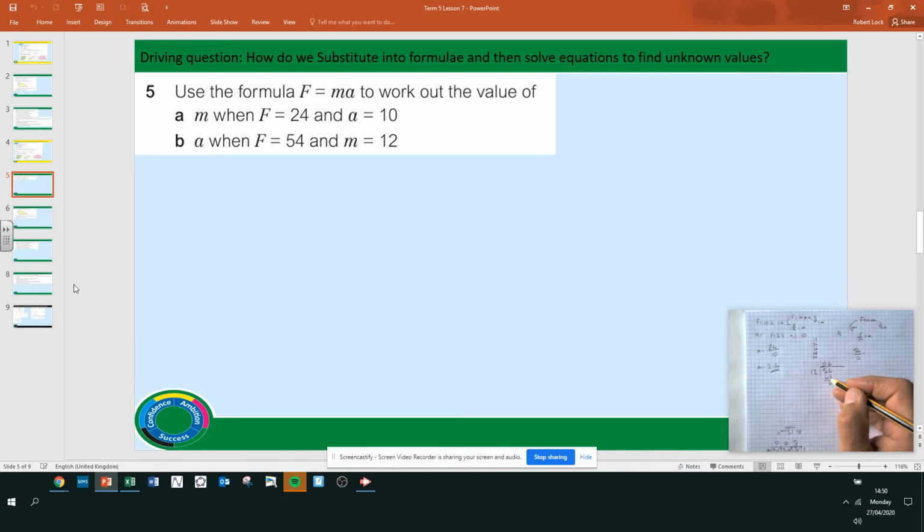So 8 take away from 14 is 6. Decimal place. Bring down 0. 12 and 60 go 5. So the answer is 4.5. A equals 4.5. Question 6.